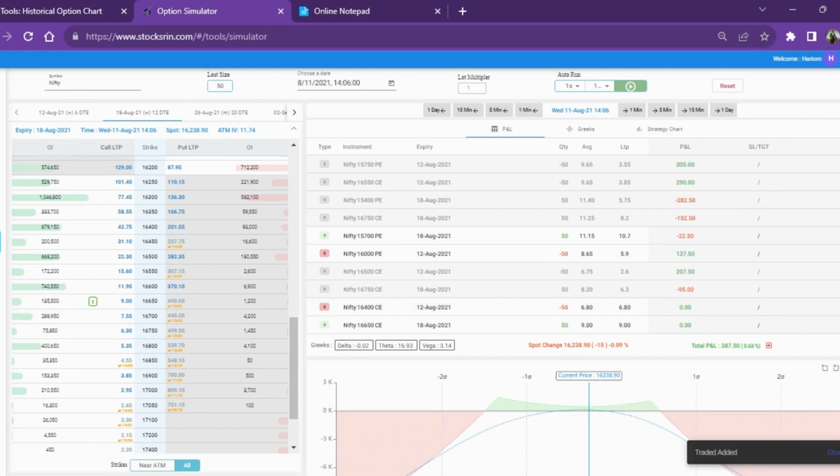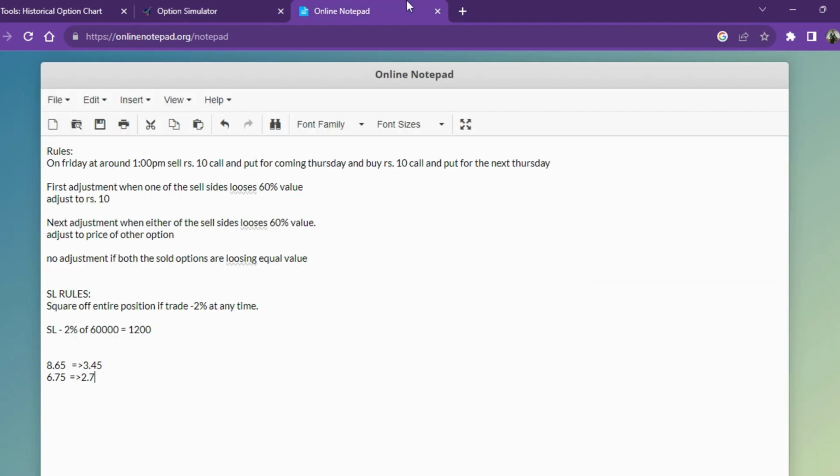16,650. Okay, now I'll adjust it to 5 minutes, and let's go ahead. So it's 6.8, right, on the call side. So again, 6.8 rupees. So that would be around 2.7, 2.73.